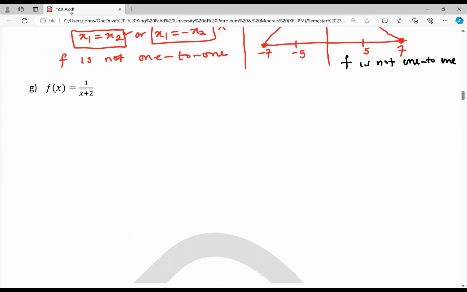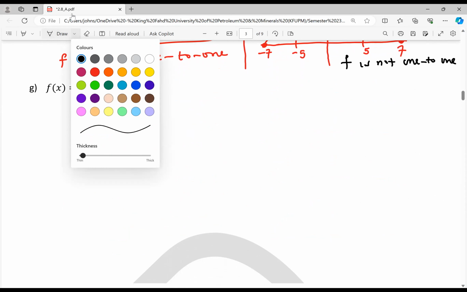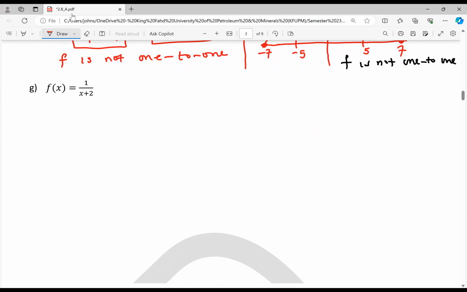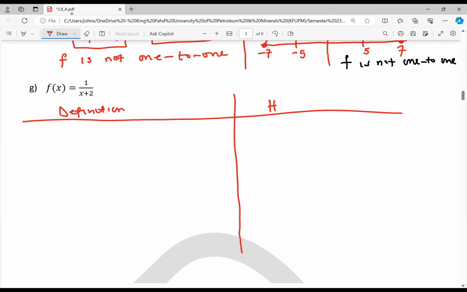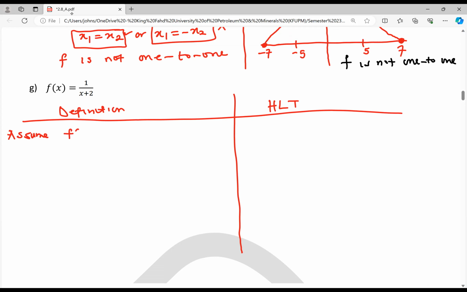All right. So let's take the final one, which is G. Now for G, also we can use the two methods. Definition. For the definition, we assume f of x1 equals f of x2, where x1, x2 belong to the domain of f.